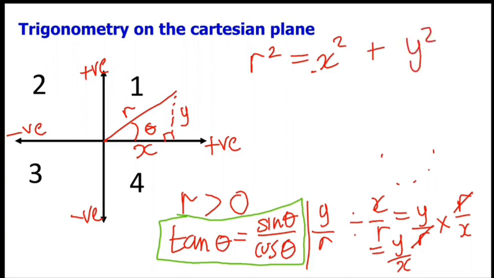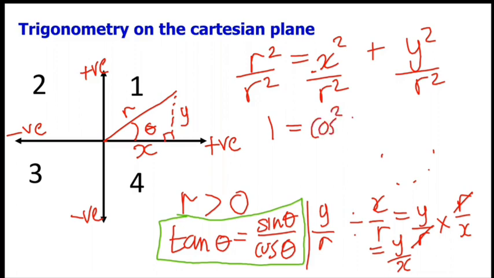If we divide by r squared throughout, we're going to get 1 is equal to x squared over r squared plus y squared over r squared. X over r, we've just said, is the cos ratio. So the cos ratio is now being squared. When you say cos theta times cos theta, we write it as cos squared theta. And this becomes sine squared theta.